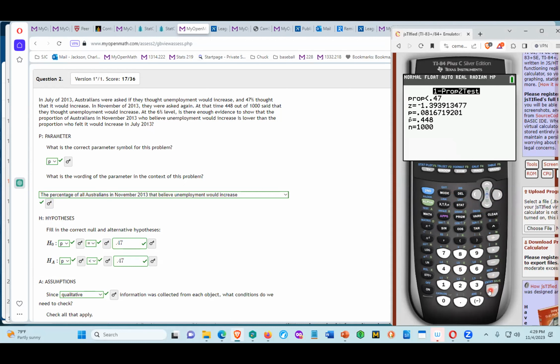Yeah. So there's your value of z, the test stat, and the p-value, which confusingly they just say p.